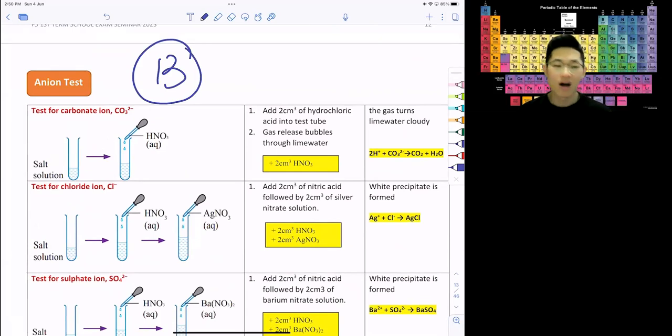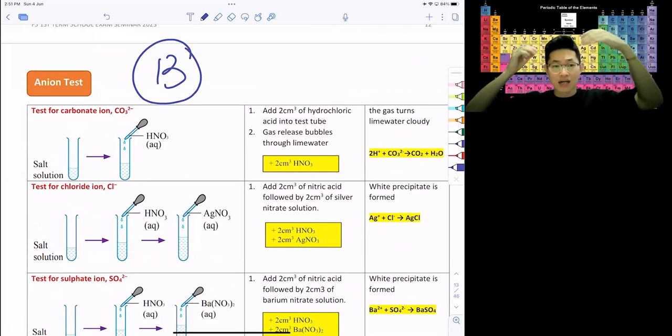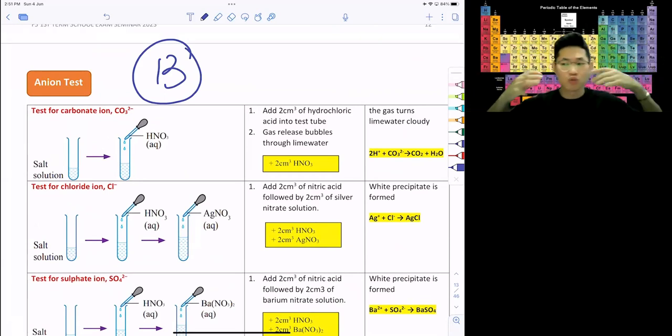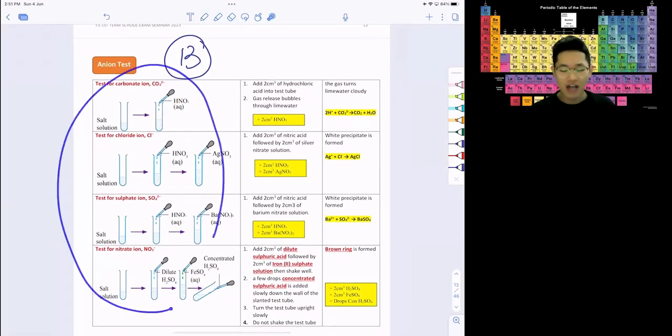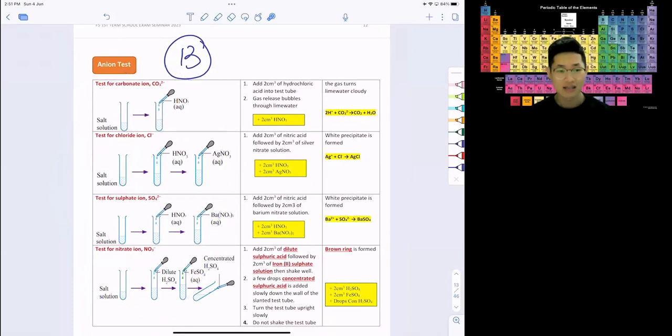Okay, to be very honest, ion test is something that you have to memorize blindly, because a test is a process where you want to prove the presence of an ion or determine the presence of an ion. You must follow the steps carefully and see whether you can get the same result or not. Okay, so here you can see there are 4 negative ions that can be tested.